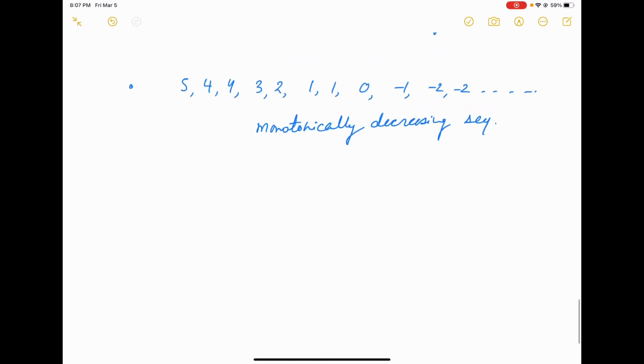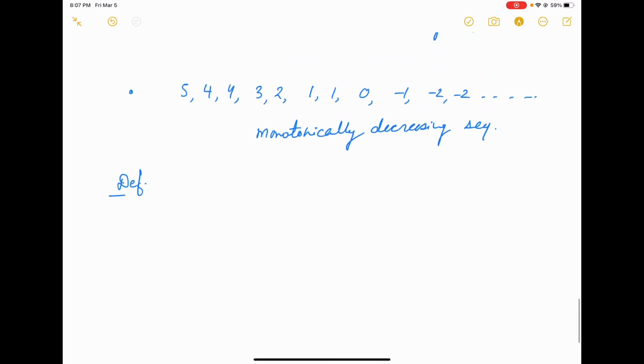So now we have a definition of these four types of sequences.